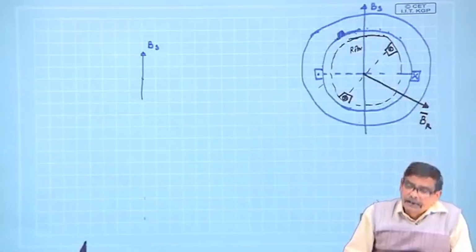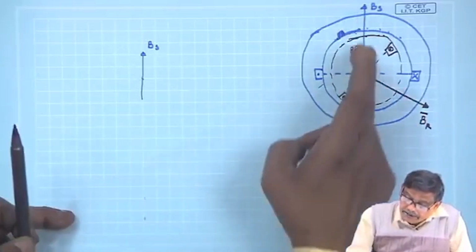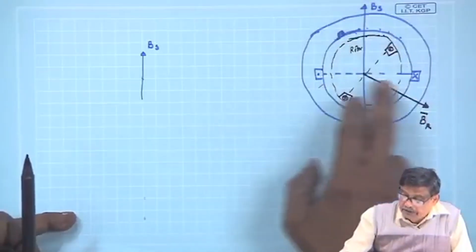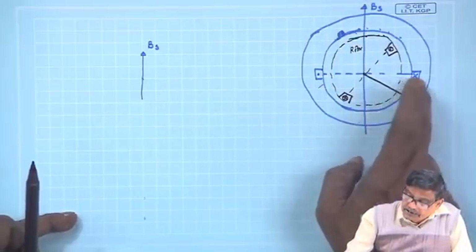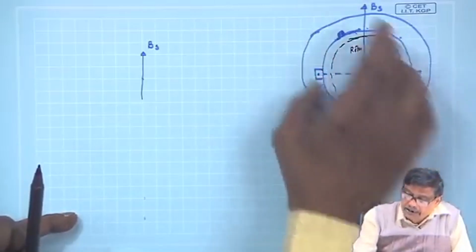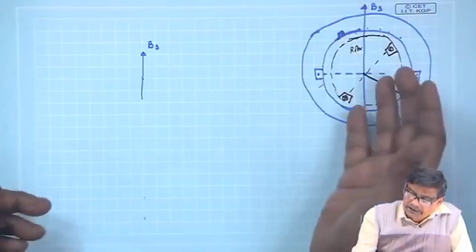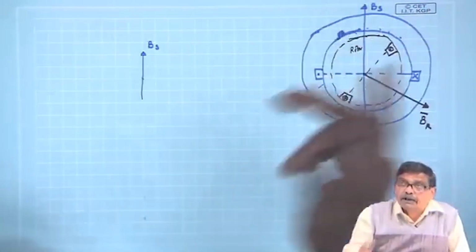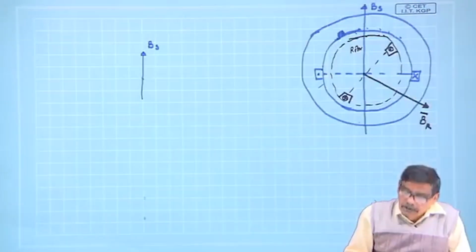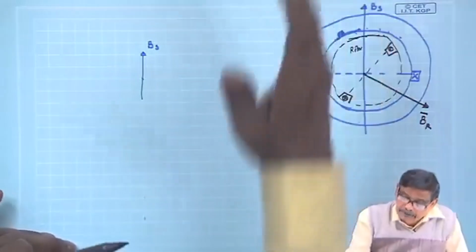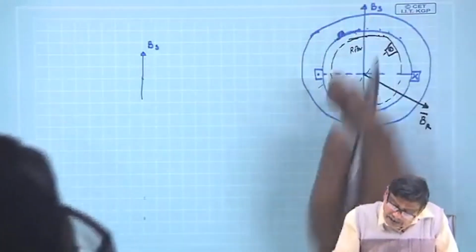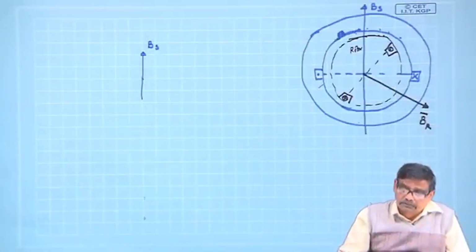What does that mean? It means the peak of the fundamental component of this BS, because I can distribute this winding and make it more sinusoidal, or only consider it rectangular, but I am talking about the fundamental component. So its peak is here, and the arrow is the lines of force direction.